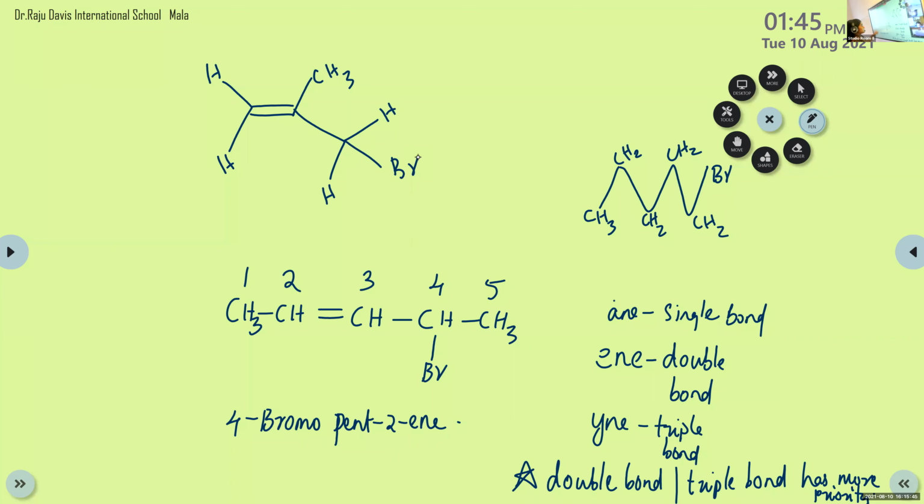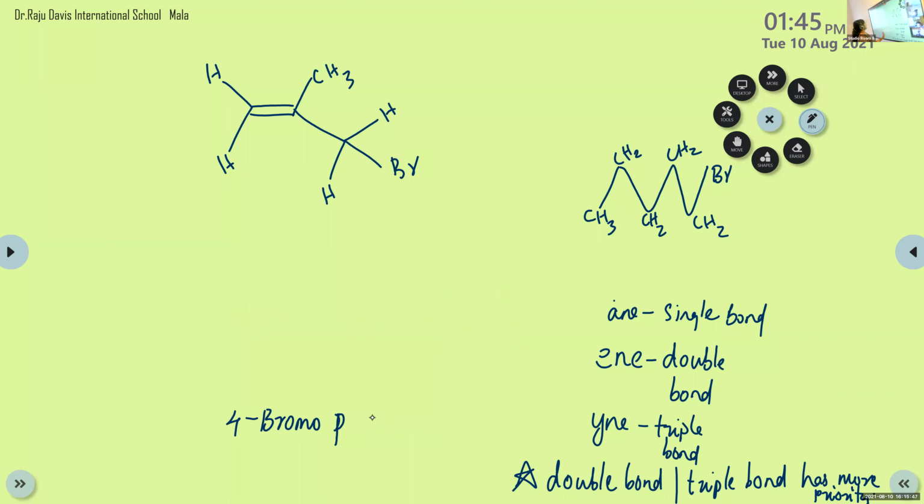Okay, just try this one. First convert it into the form of a straight chain, then number it according to priority. Emmanuel, let's do it.